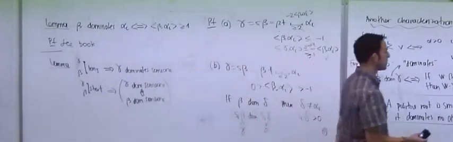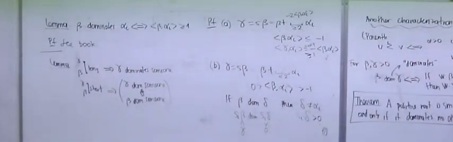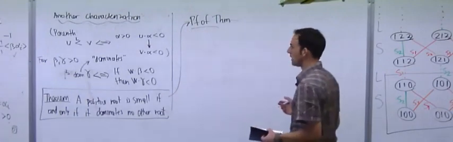And now I can prove the theorem for you easily. Proof of this theorem. So let me take a small root and let me show that it dominates nobody.